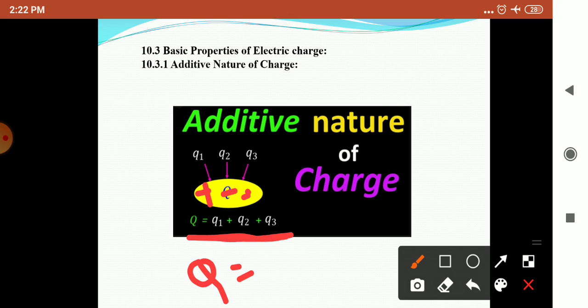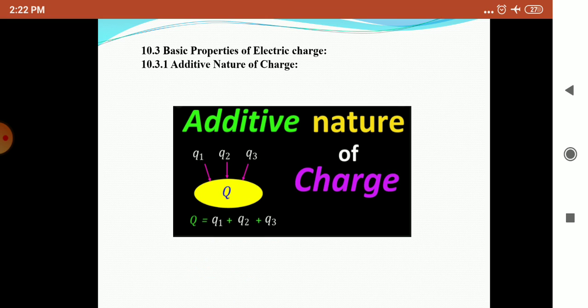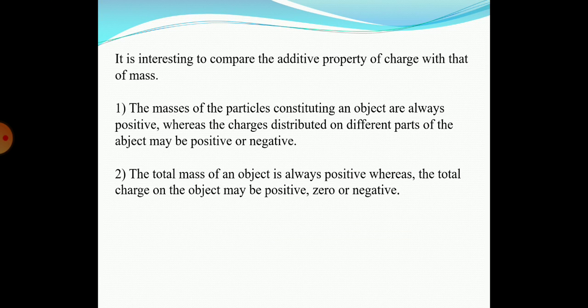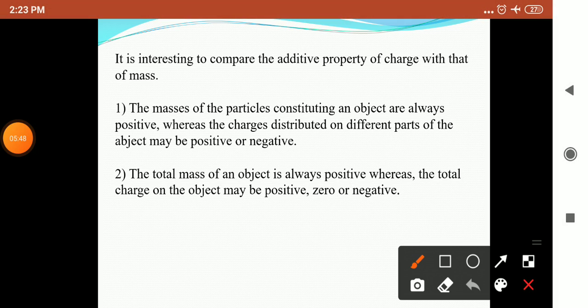So it is interesting to compare the additive properties of these charges with that of mass. From this, the charge is the algebraic sum of the charges of all parts of the object. Now comparing with mass, there will be two cases here.